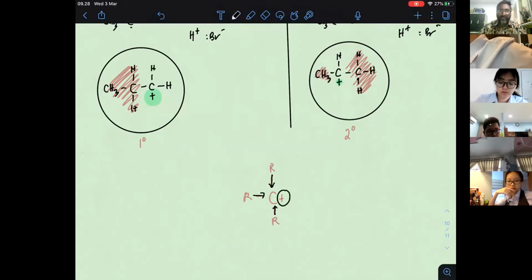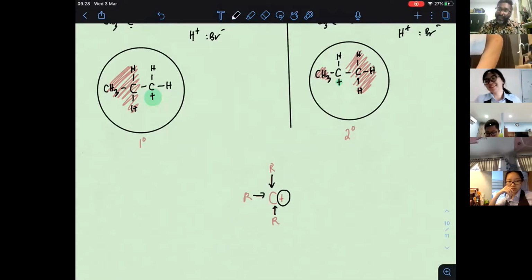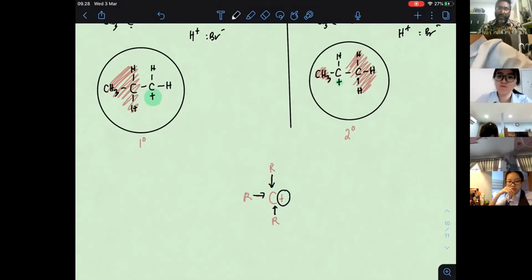Remember the one that I wrote: if there is more support, then you don't commit suicide. That is actually the positive inductive effect. It means that the charge is going to be shared with a lot of people, so this is going to be more stable. So tertiary is more stable compared to secondary, compared to primary.